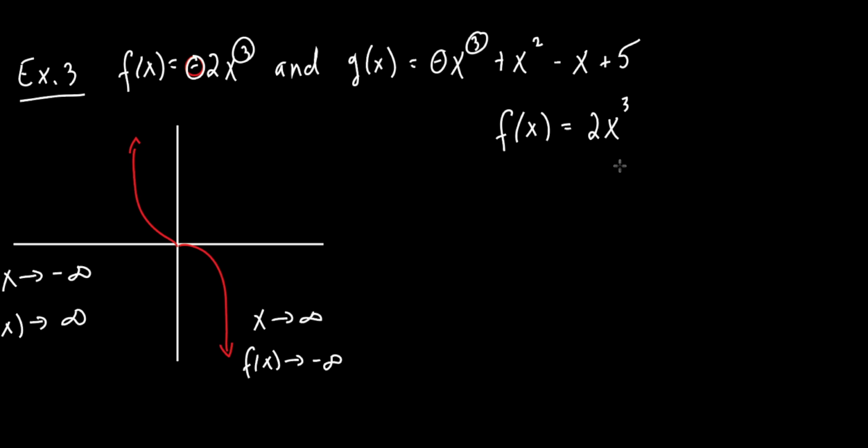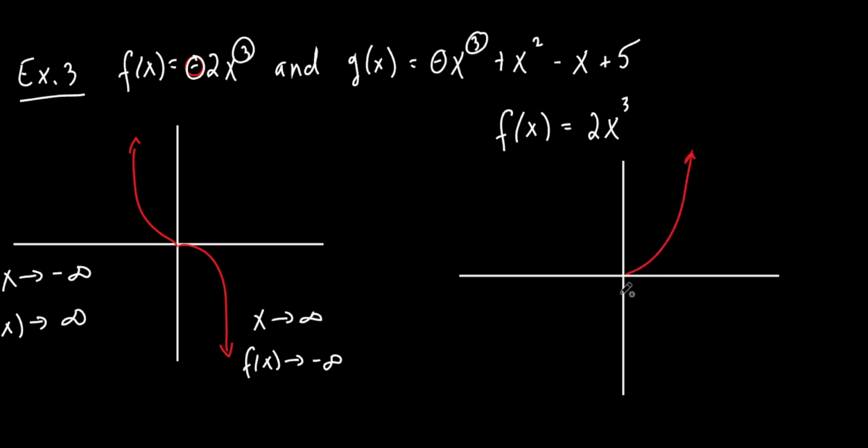Yep, so let's just graph it just so we can visualize it for the first time. All right, so what's a regular x cubed, if you want to call it regular, positive x cubed? It's going to look like this. So what are the end behaviors of this? Let's start with the left. Again, you always start the same way.